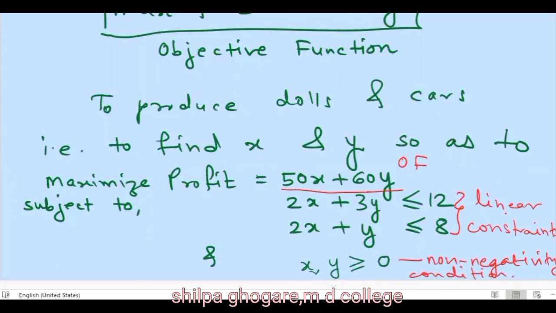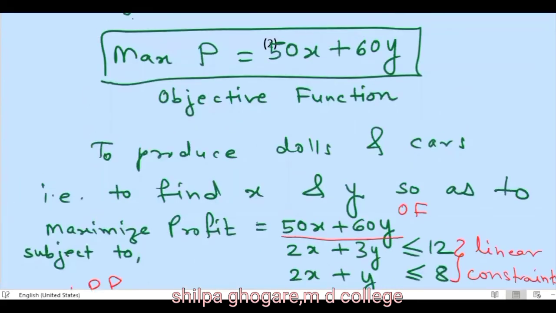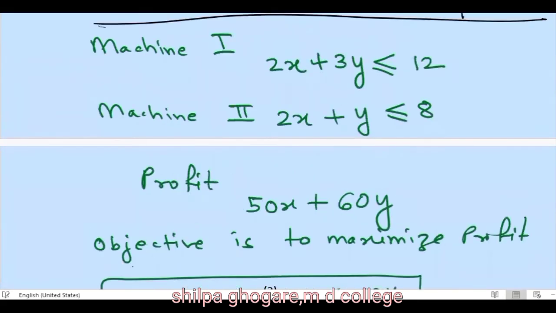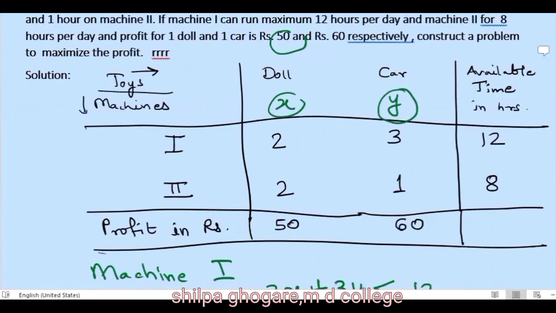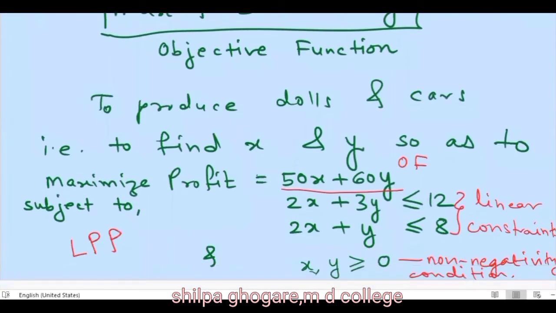And this whole thing is my linear programming problem, that is LPP. So we have seen that this is my word problem, and this has been converted into a linear programming problem.